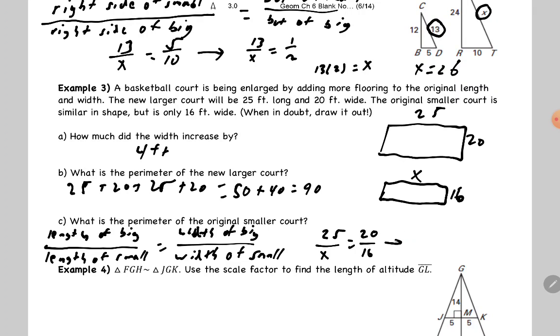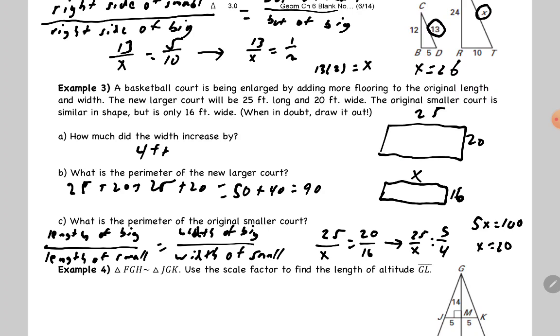Now when I reduce this, I get 25 over x equals 5 over 4. Then cross multiply, I'll get 5x equals 100. That's 25 times 4. Divide by 5, and I'll get x equals 20.